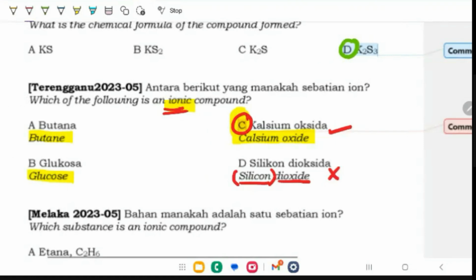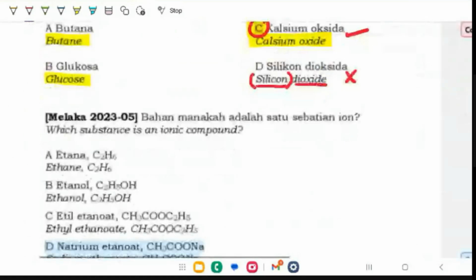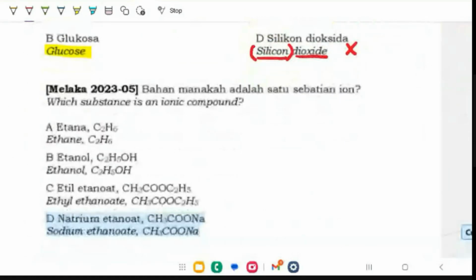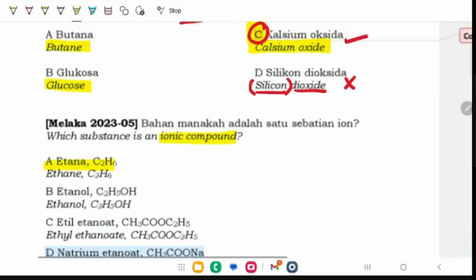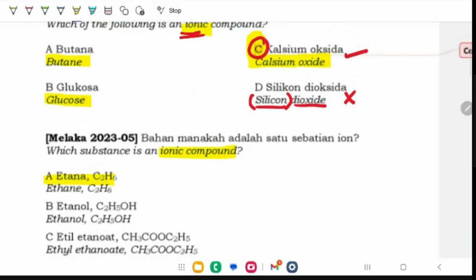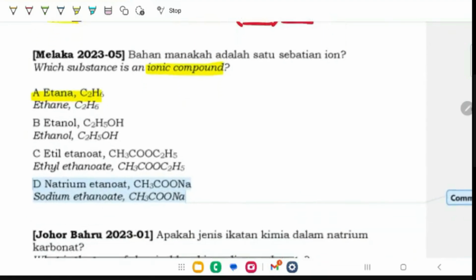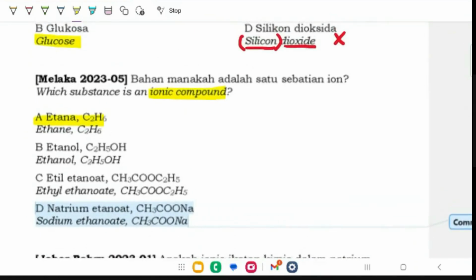Okay, again, see here. For ionic, you see the pattern and the concept are the same. You can see the name, or you can see the formula. Like the question just now, no formula was given, but in this Malacca one, you are given the formula.